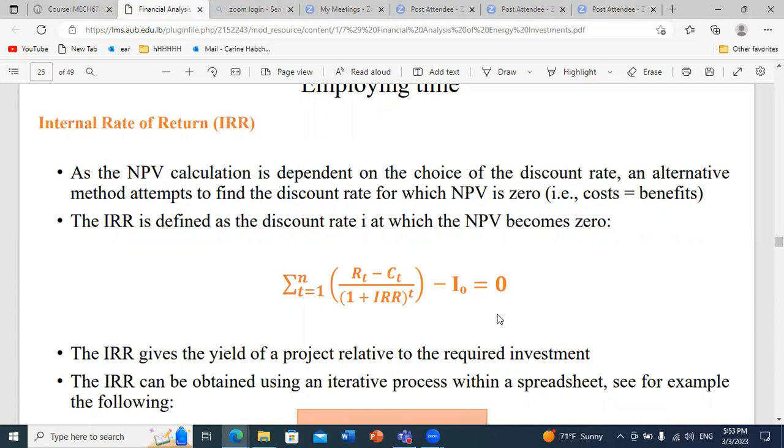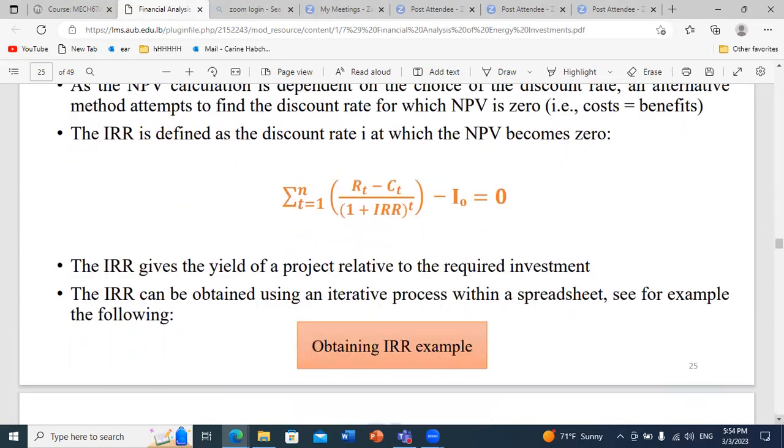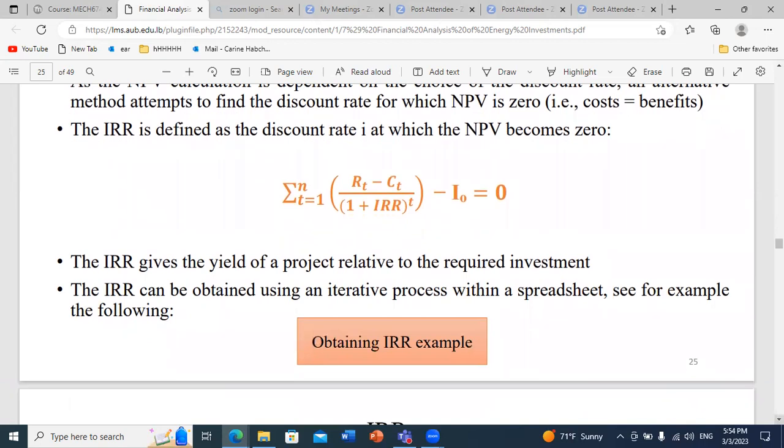The IRR can be obtained using an iterative procedure within a spreadsheet. So you can develop numerical techniques. In case, for example, you have a constant balance of income and cost, you can use mathematical calculation. If it's not constant, you can then just do the calculation by hand.